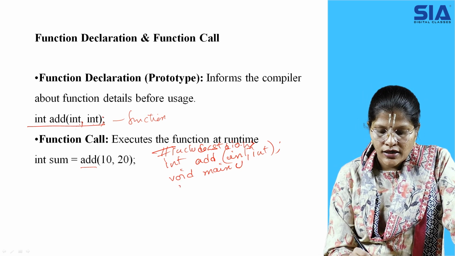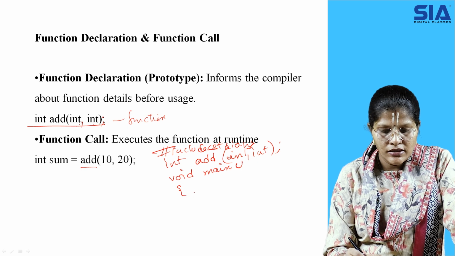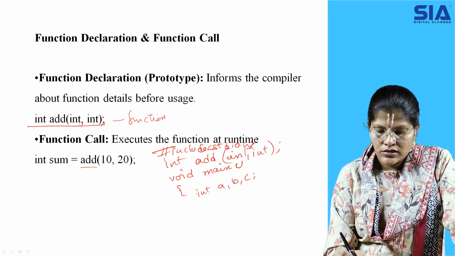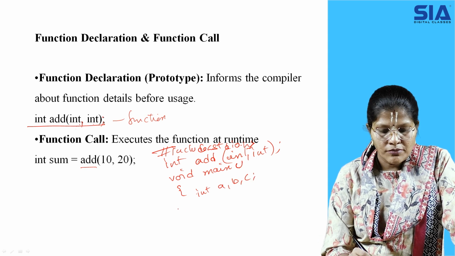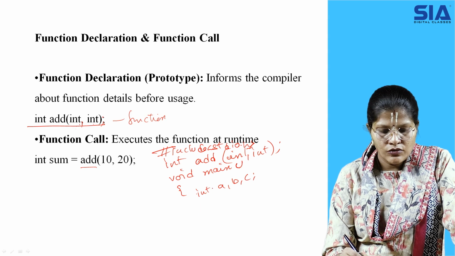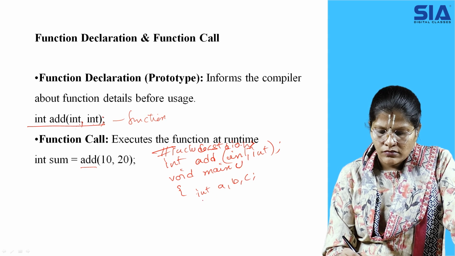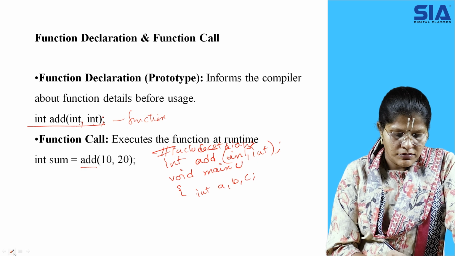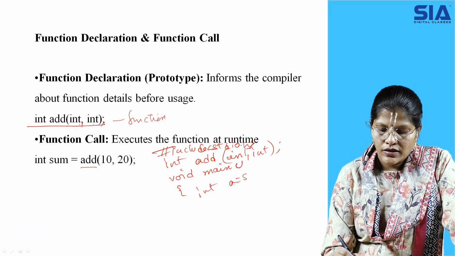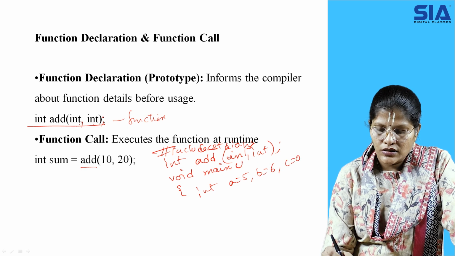In this I declared variables int a comma b comma c. Now I am initializing the values: a is 5, b is 6 and c is 0.